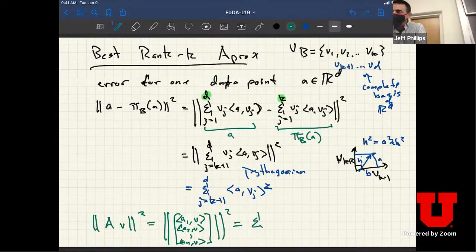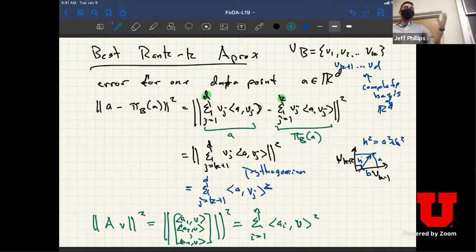So this is also equal to the sum from i equals 1 to n of (ai dot v) squared. Okay, so this is a separate observation that I can decompose. Now I have n components instead of just one component, so one vector, I've got n of these, and I can decompose this into the sum of n parts for a single vector.